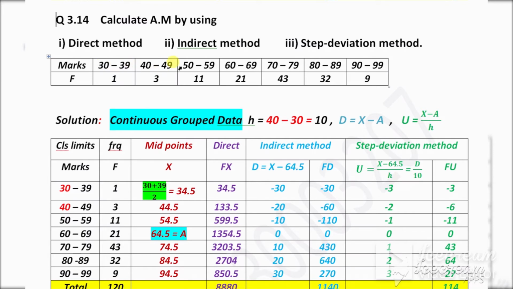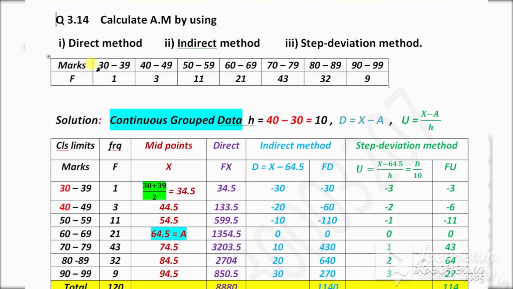When class interval or class boundaries or class limits are given in the question, then this formation is called continuous group data or just group data. So here group data is given. The first one was discrete group data, and this is the continuous group data.